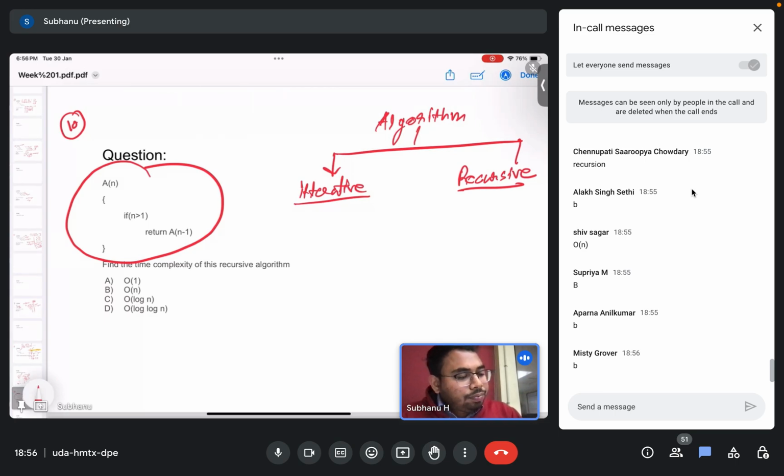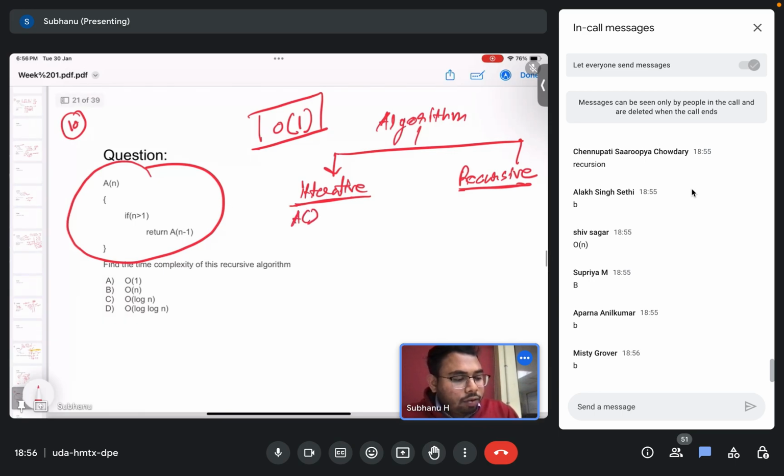So we have two types of algorithms, one is iterative and one is recursive. Other types of algorithm are only order of one, constant time algorithms. In an iterative algorithm, you have some for loop and some statement to run, and then it ends.